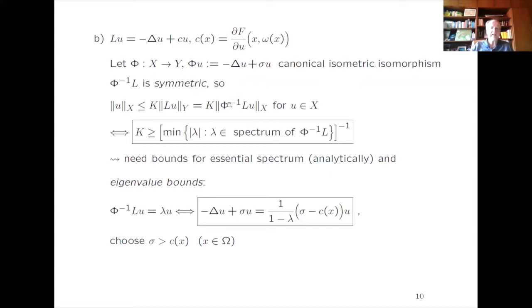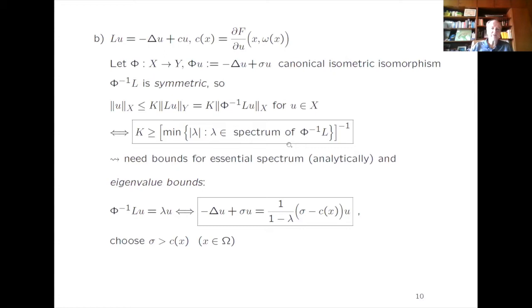And phi inverse L is, as we saw earlier, a self-adjoint operator on X. That means that this K is simply given by 1 over the minimum of the moduli of all eigenvalues lambda, where lambda ranges in the spectrum of that operator. And that's the approach I am choosing: compute this K via eigenvalue bounds. That's the crucial thing.